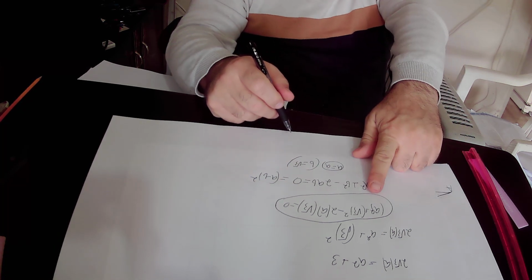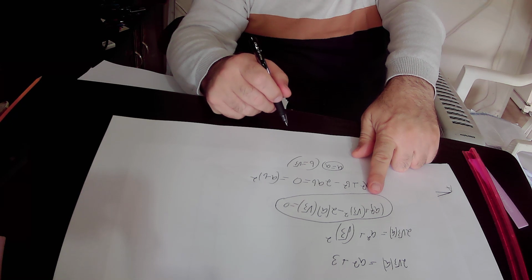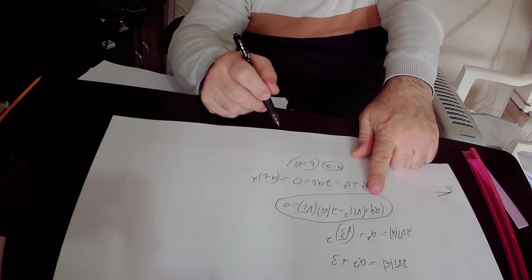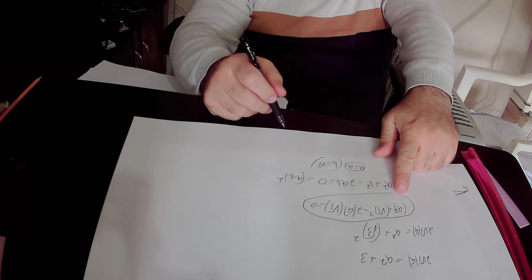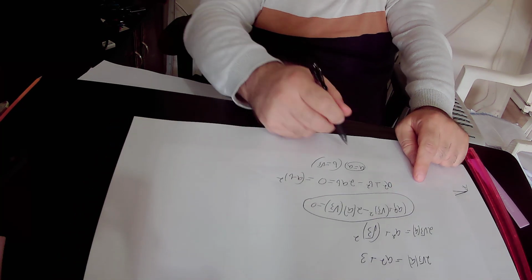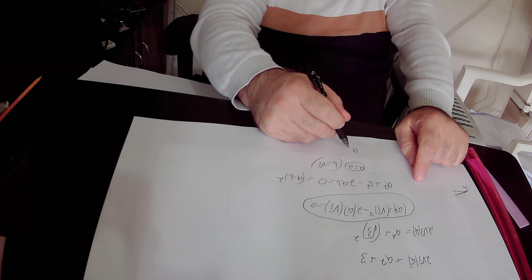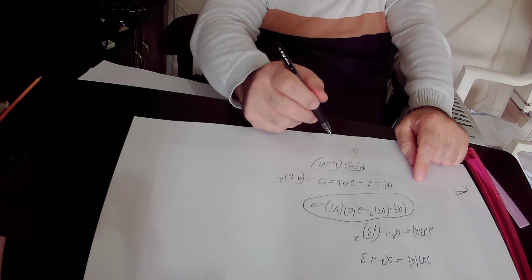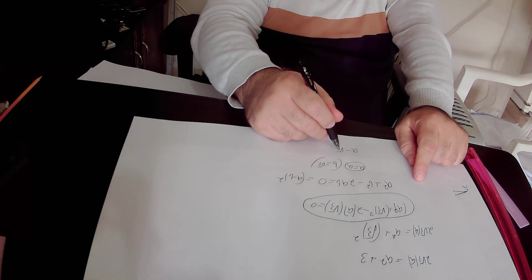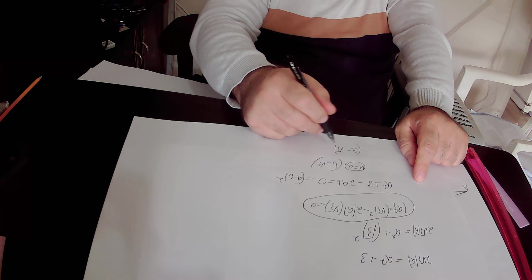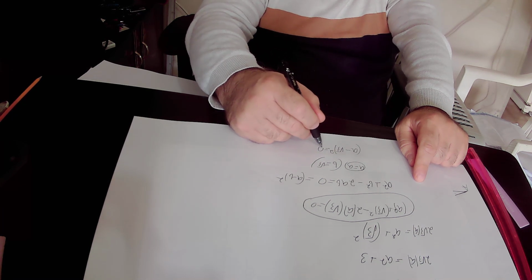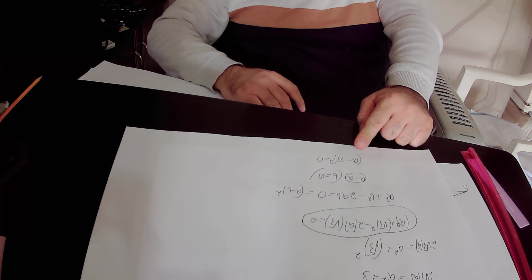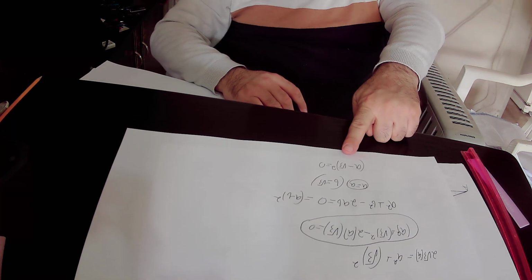So we can write that this equation equals (a minus b) squared, where a is a and b is the square root of 3, and it must be equal to 0. So we got that (a minus square root of 3) squared equals 0.